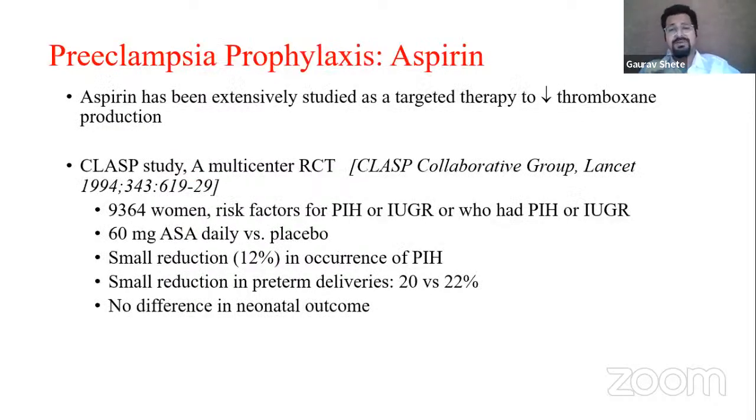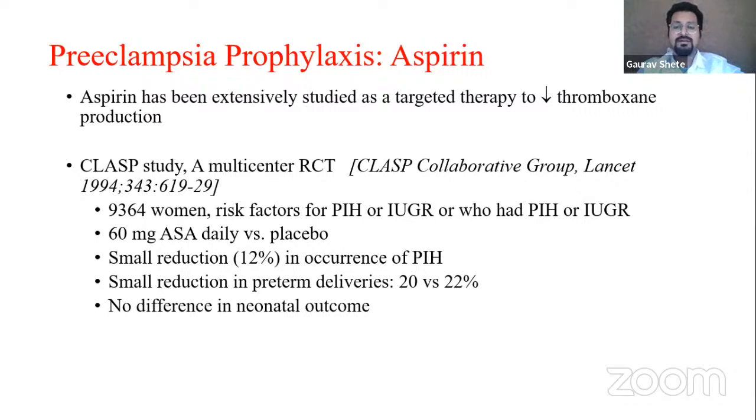Now the role of aspirin. Aspirin has been given as a prophylactic treatment to avoid preeclampsia and to prolong the duration of pregnancy. Aspirin basically has anti-thromboxane activity. As we know, there is hemoconcentration in pregnancy.